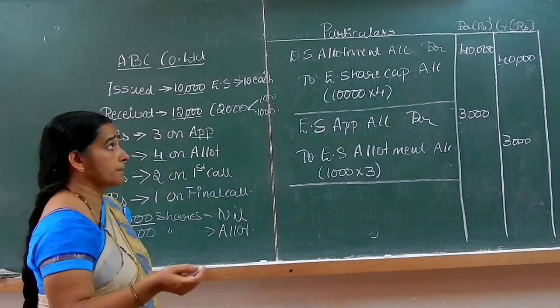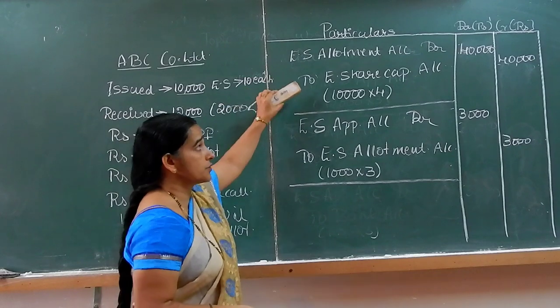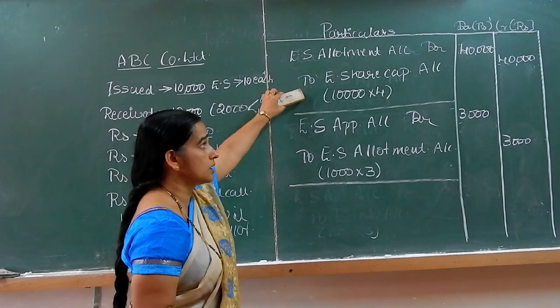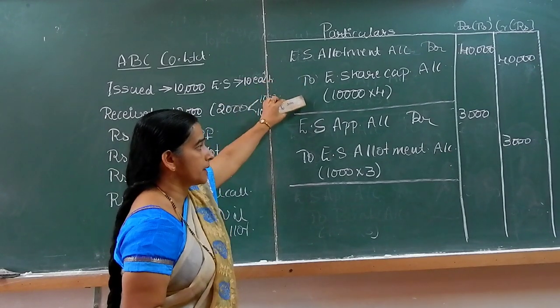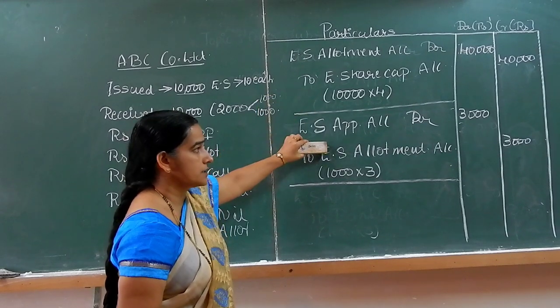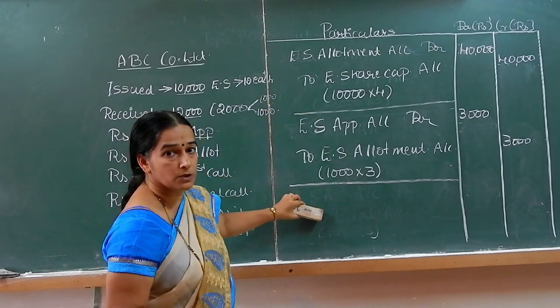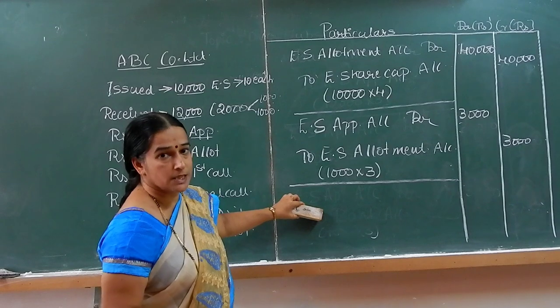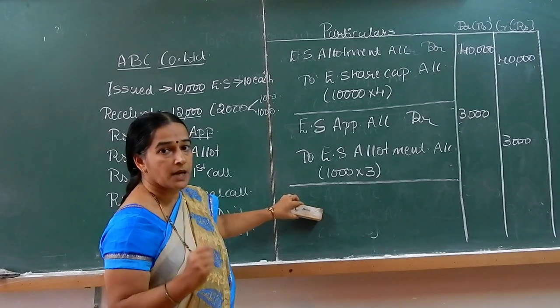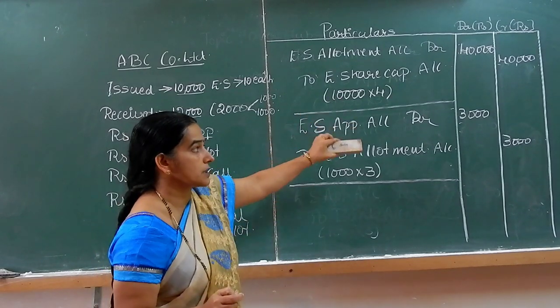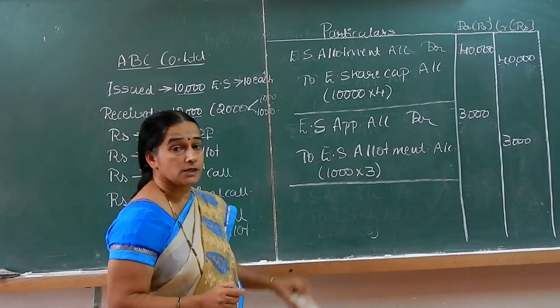So next step, after sending the due notice to the shareholders to pay the allotment money, now 3000 is adjusted, remaining amount the company has to receive. So while receiving the remaining amount out of 40,000, 3000 is adjusted means what is the remaining amount?